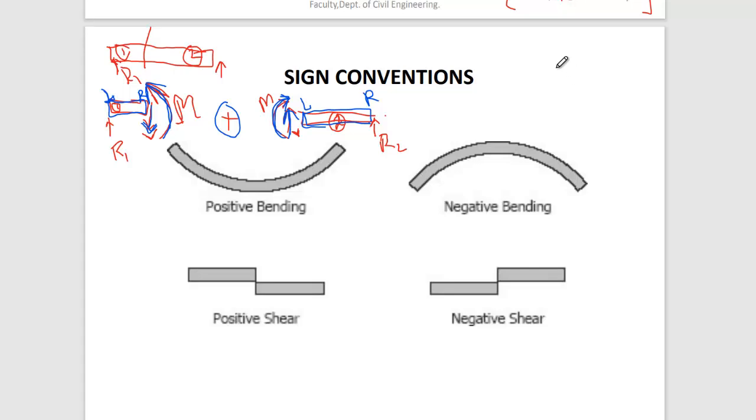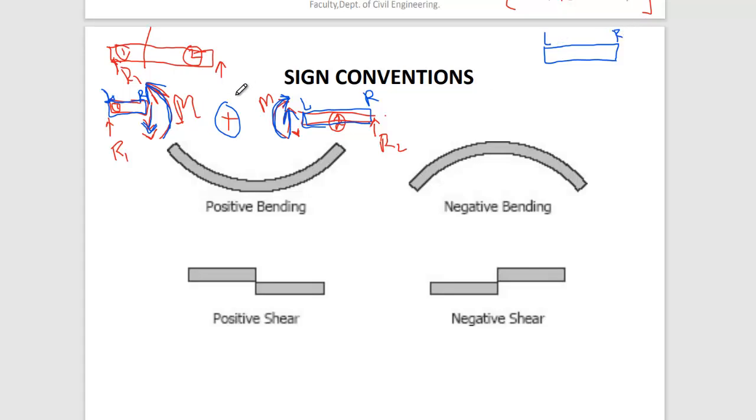Okay, so now come to again a section or a portion of a beam. Excuse my drawing because I'm using my mouse instead of a pen, so it's difficult to make the line straight. If it is a beam, this is your left portion and this is your right portion.